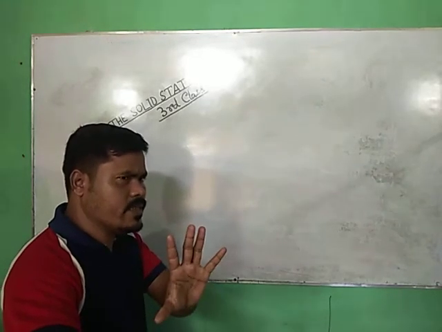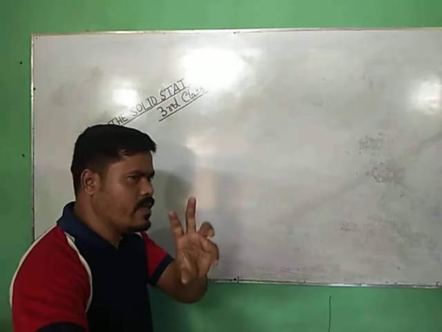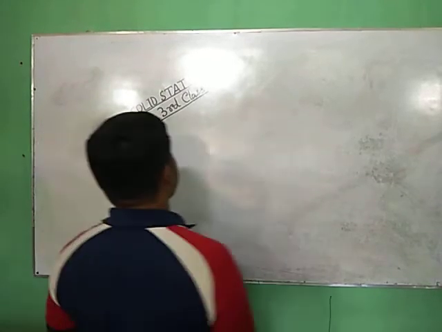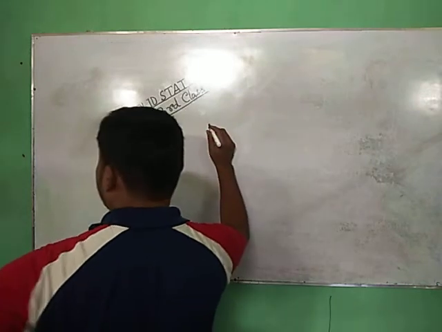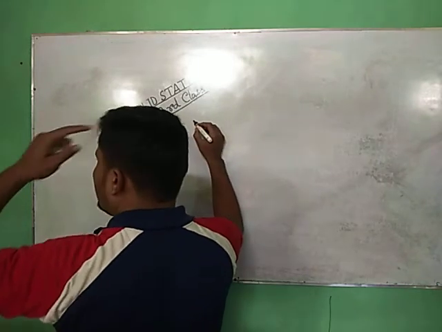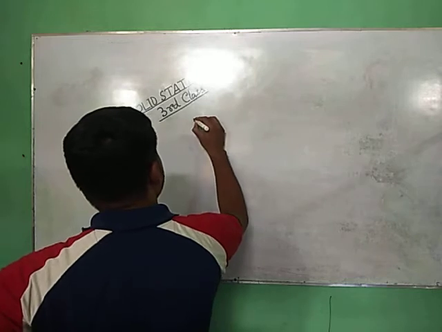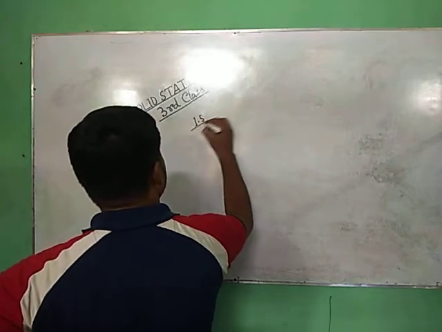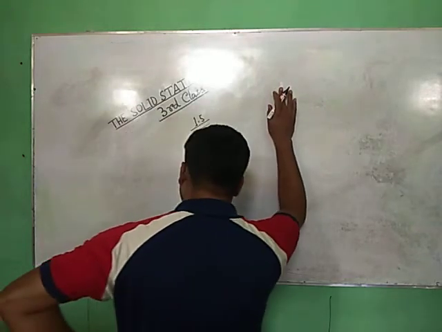Just for simplification, I am taking one example of a numerical from the density section. It was in your textbook, question 1.5. I remember 1.5.